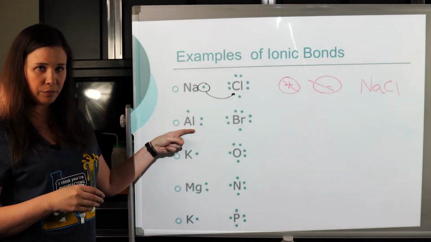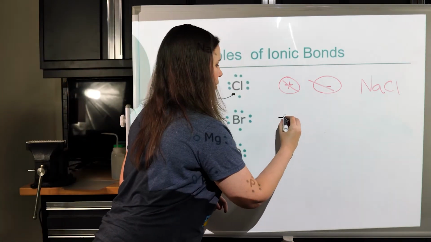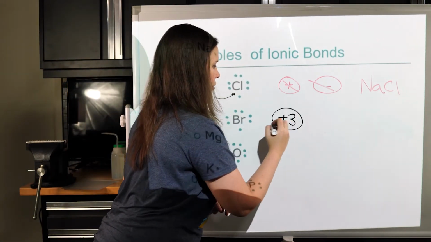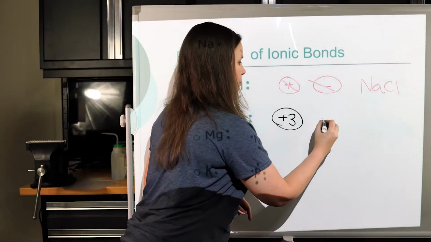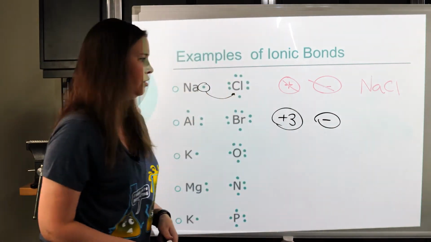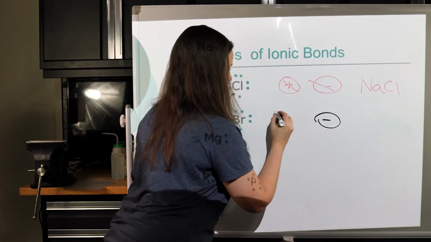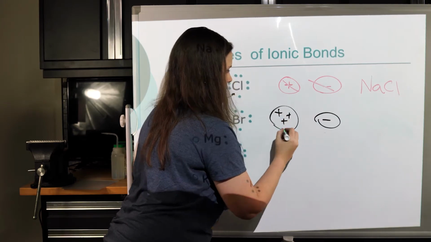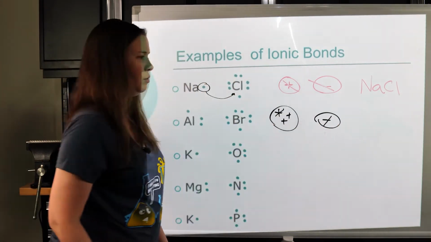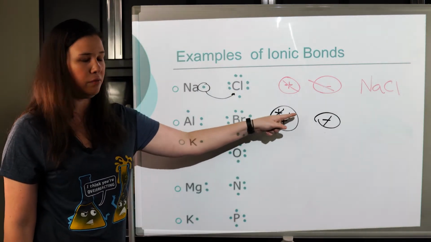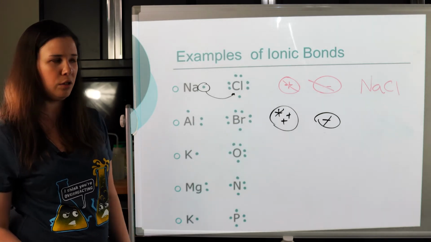So the aluminum is in group 13, column 13 on the periodic table, which has a +3 charge. Then the bromine, being one of our halogens, has a -1 charge. Let's write this +3 actually as 3 separate plus signs. So now if we try to cancel those out, one of the plus signs would cancel with one of the minus signs, but that would still leave 2 plus signs, which is not okay. It has to cancel out 100%.